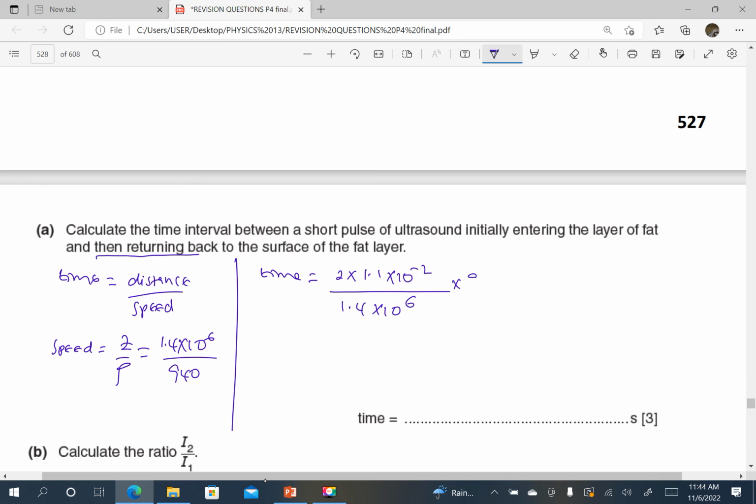Then the denominator, you have 1.4 times 10 power 6, and 940 goes up because you are dividing by the speed. So I press the calculator. Remember how I multiplied by 2 because it is initially entering and returning back. So this is giving me time as 1.5 times 10 power negative 5.